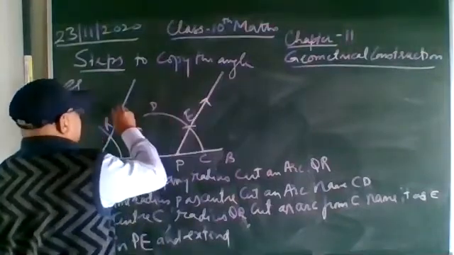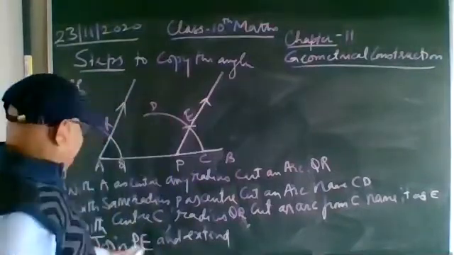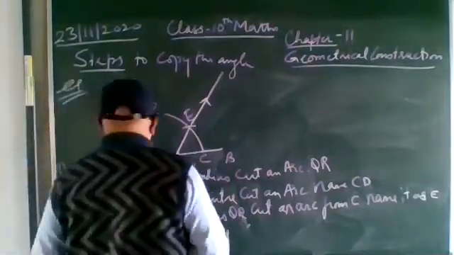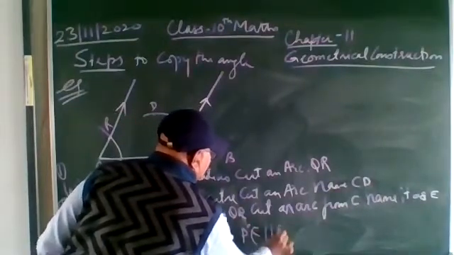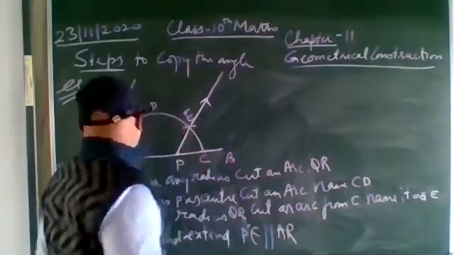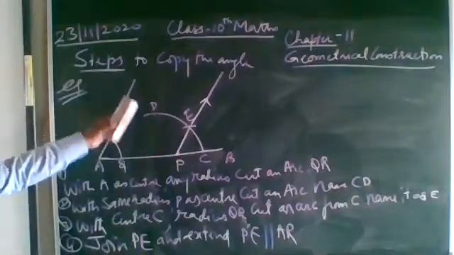This line is parallel, so you will say PE is parallel to AR.